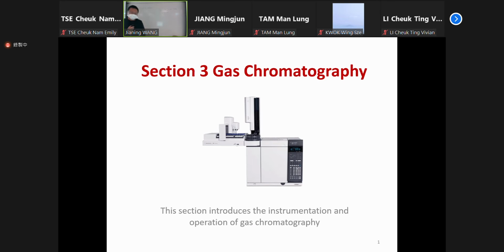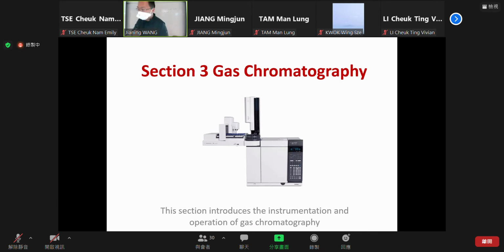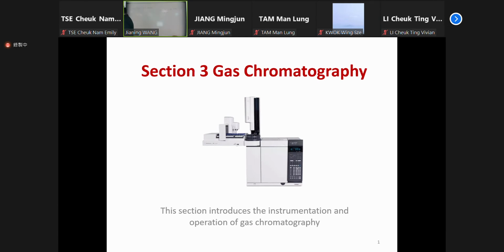And liquid chromatography will be introduced by Dr. Hu, and she will also introduce the deeper and more detailed theory that I introduced previously.